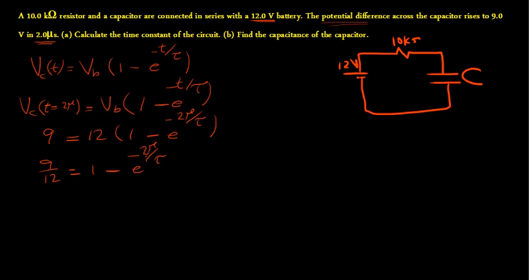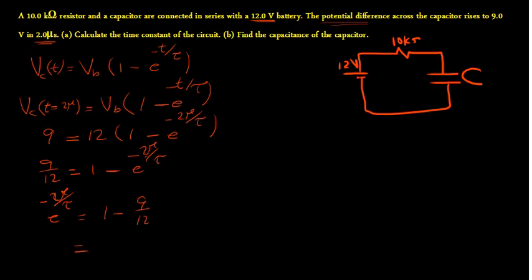Now we're just rearranging the formula again. Exponential minus 2 microseconds over tau equals 1 minus 9 over 12.